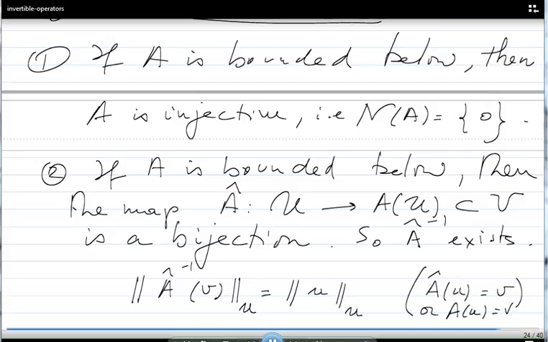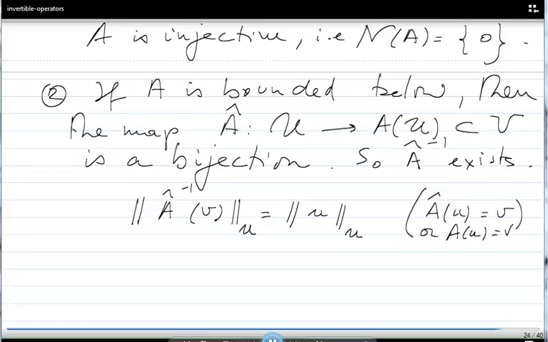Okay? Good. So clearly this is less, by the properties of being bounded below, than 1 over C times the norm of v in V, for some C positive, and it depends only on A, because it's bounded below.